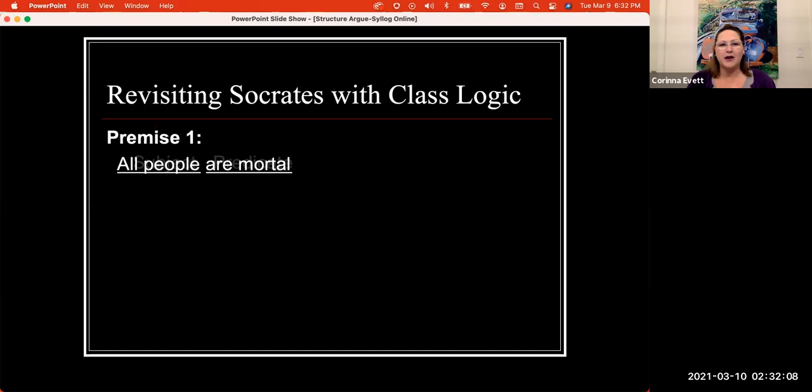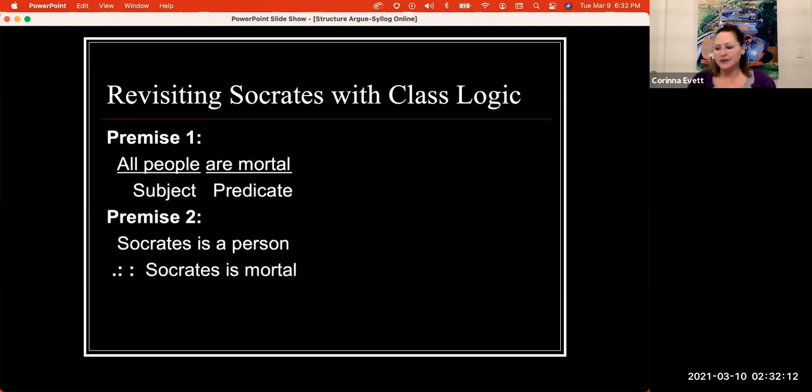Okay, let's go back to our original syllogism about Socrates. Another way I've been talking about, there's one classification, here's another classification. If you want to get more into the English talk, you've got people, that's the subject, predicate, that's leaning toward more of the verb phrase, right?